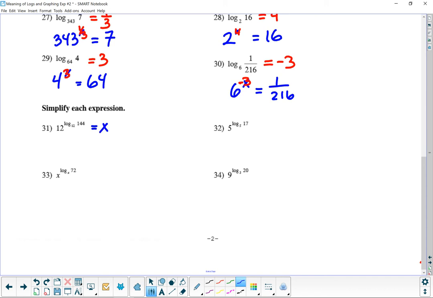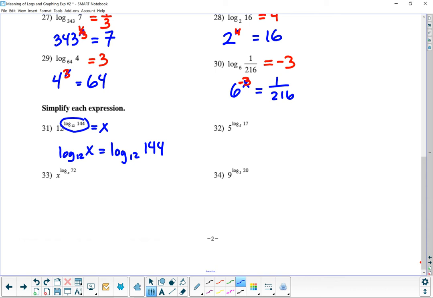We don't know what that is. So we're saying log base 12 of x is equal to the power here. So that's going to equal log base 12 of 144, right?